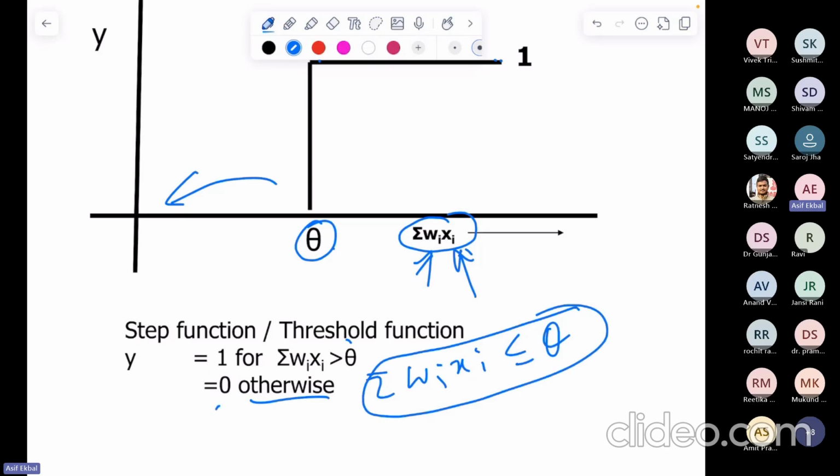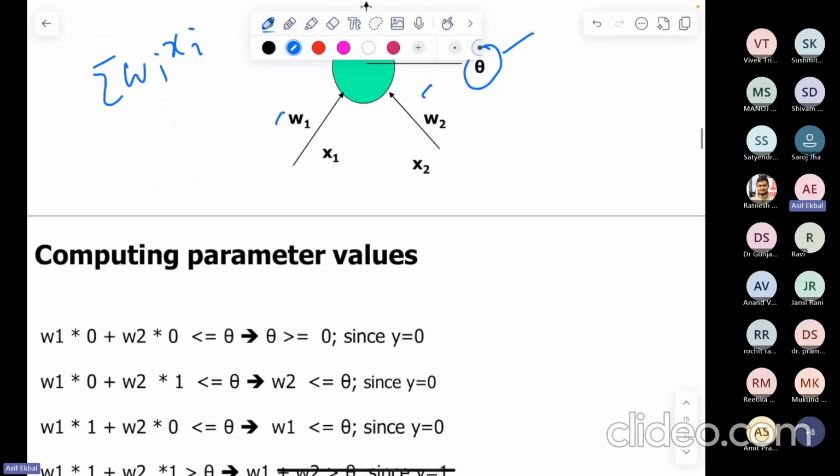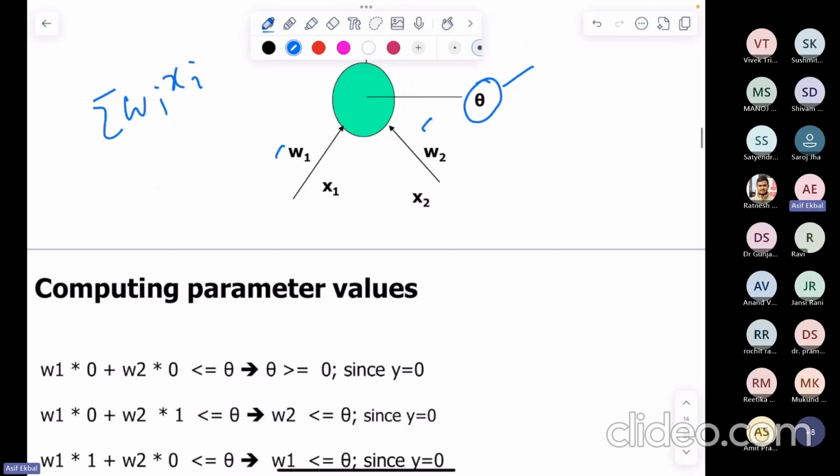Then only y equals 0. Now W1 is the weight of the first input, which was 0, and W2 is the weight of the second input, which is 0. Since y equals 0, this will be less than or equal to theta because of the relation that we had defined.